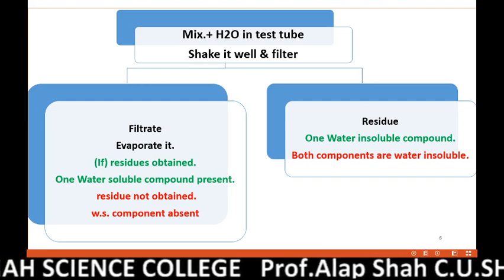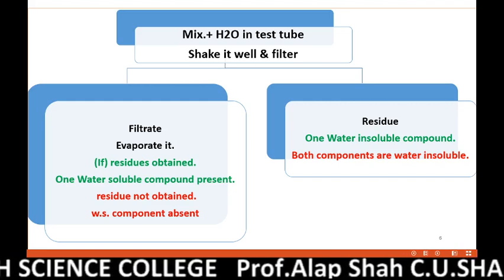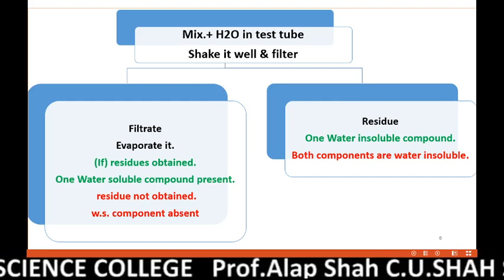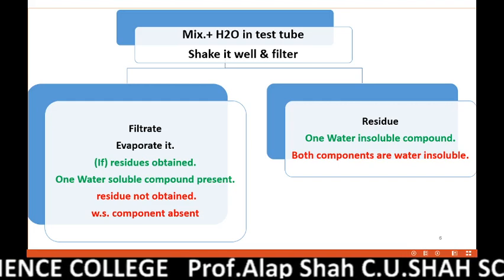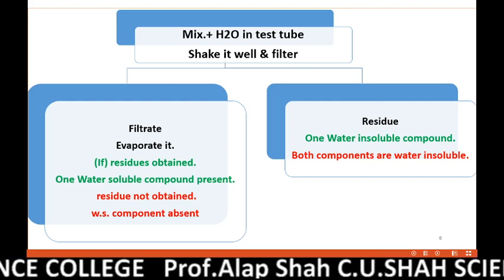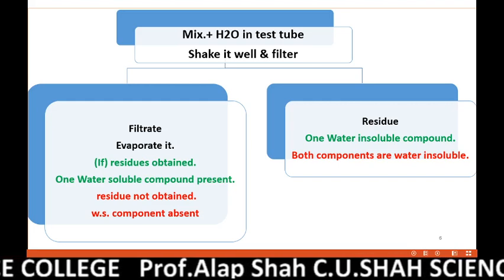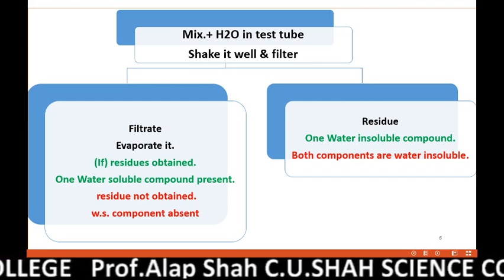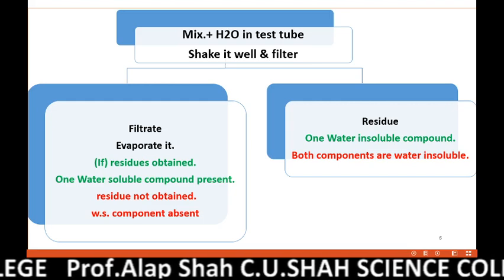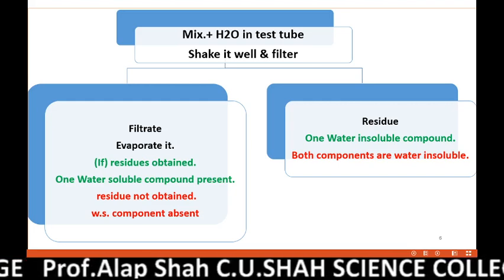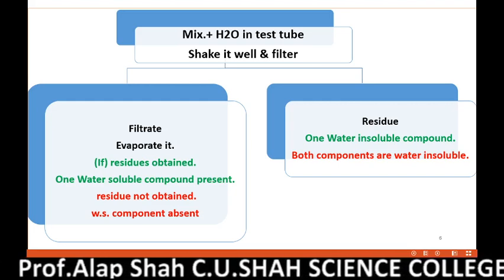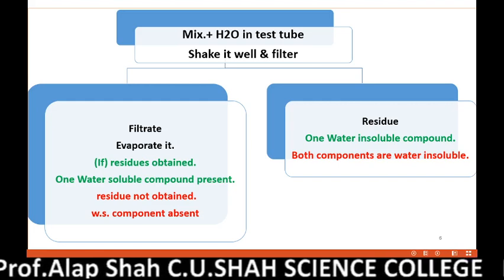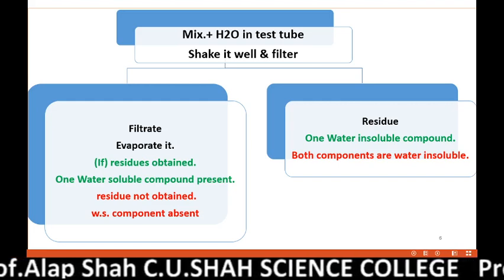So the same process we will repeat here, but you have to determine first on a small scale, or test tube scale. Take a slight pinch of the mixture, add distilled water in a test tube, and shake it very well. If a water soluble component is present, it may dissolve, and now filter.